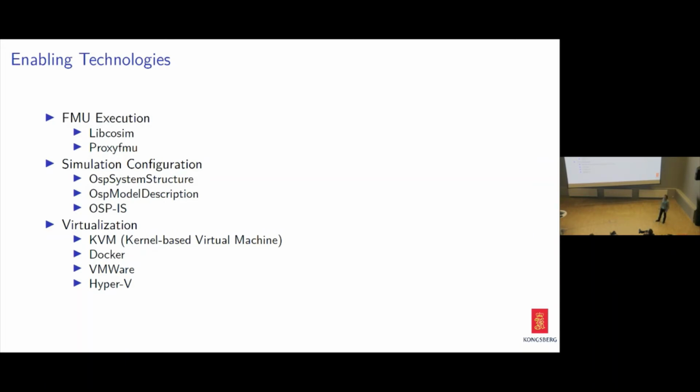Fine if you're running Linux. Docker, a more lightweight approach where you run containers. They're not full virtual machines, but they're really good for running some kind of applications. VMware, very famous vendor of virtual machine software. And Hyper-V is the Windows implementation of virtualization.